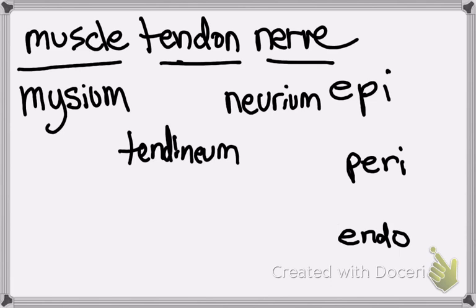Okay? What is divided into bundles? Muscle, tendons, and nerves, all divided into bundles. What covers each bundle? The peri. Tendinium, perimysium, perineurium. Okay? What covers an individual nerve fiber, muscle fiber? That would be the endomysium and endoneurium. Are you with me on that? Okay.